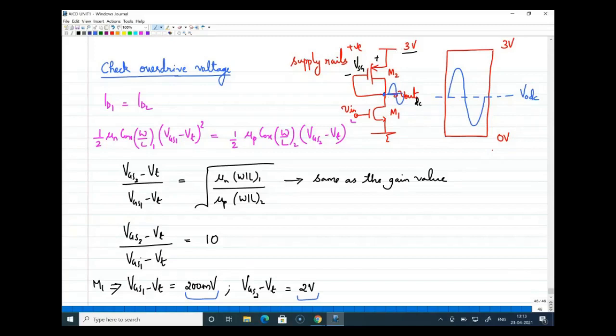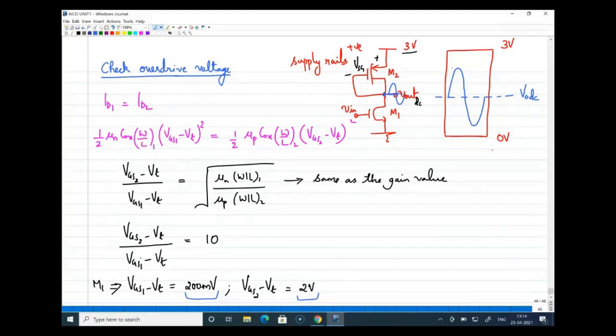My question is, when the output voltage swings from the output DC, can it go up to 3? No, it cannot. If it goes to 3, then your M2 transistor will be off, right? That means you should have sufficient overdrive voltage for M2 to be turned on and to be in saturation. Similarly, M1 also should have sufficient overdrive voltage to be in saturation.